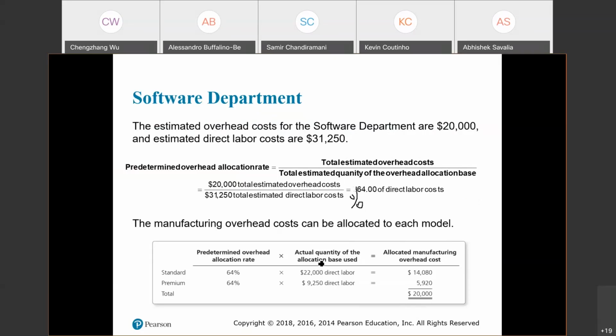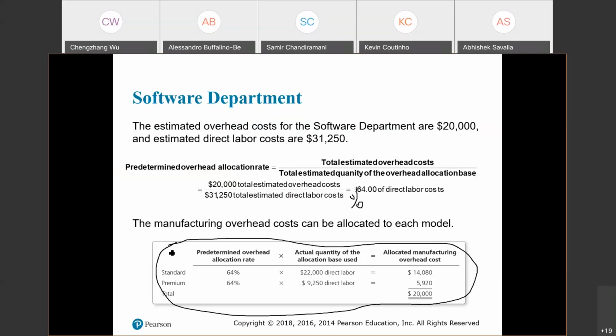So we have 64% as the predetermined overhead allocation rate. We use 64% times the actual quantity of allocation base used. For the standard model, we use 64% times 22,000 direct labor cost.